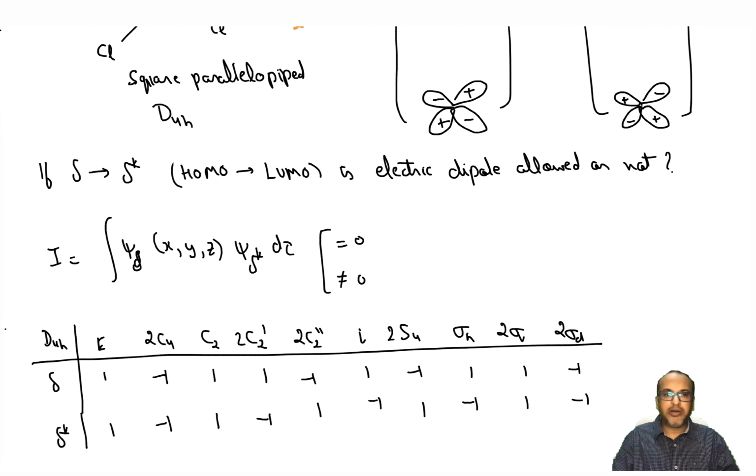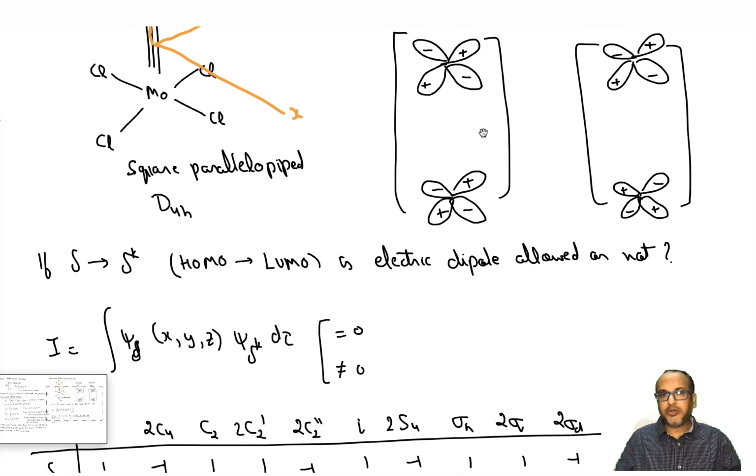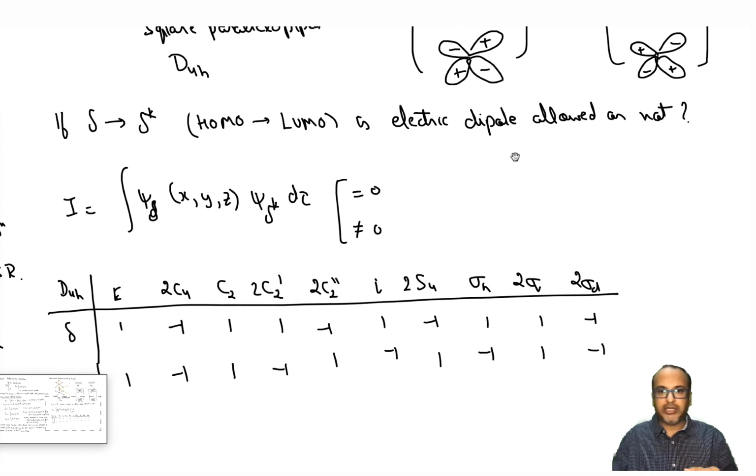So remember that you have to take both the orbitals together and orient them along the coordinate system as they are, because it's a dxy orbital. And once you do that, you should be able to carry out all these operations. So try to do it yourself so that you know how to find this out.